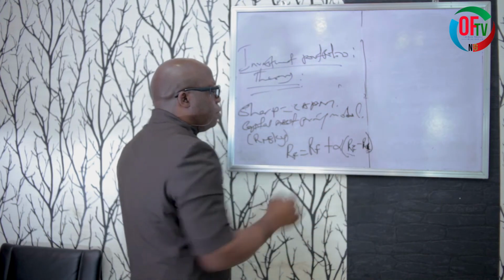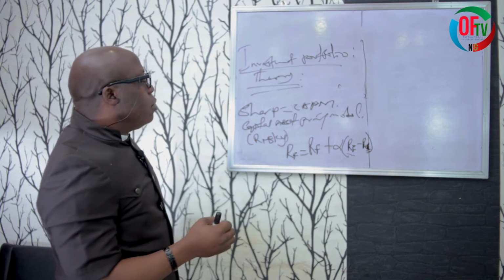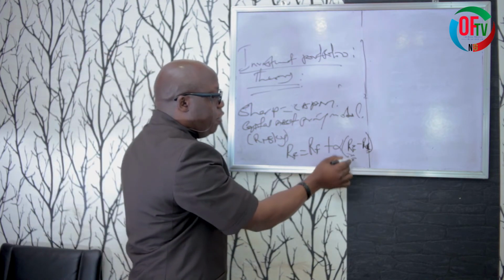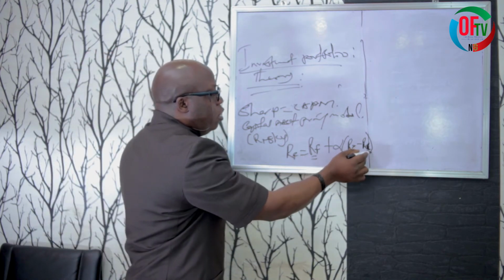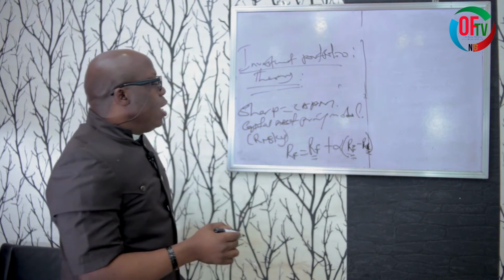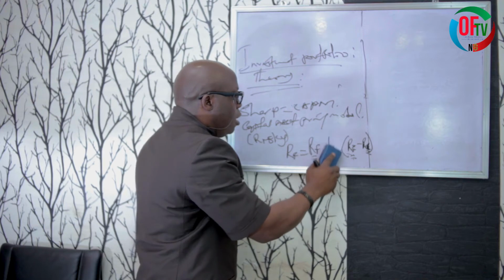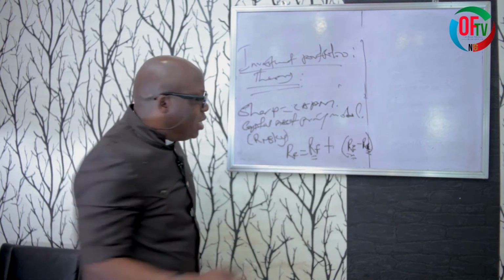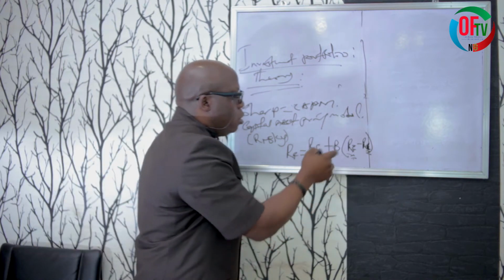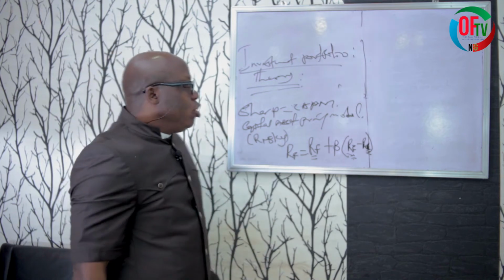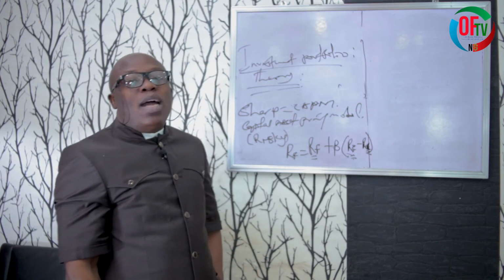This is the market. Now, this is the risk-free rate. This is the return, the premium. Now, this is the alpha. You can put alpha like this. Alpha is the one that measures risk. You can put it like that.